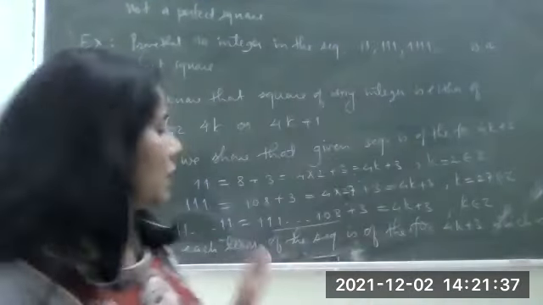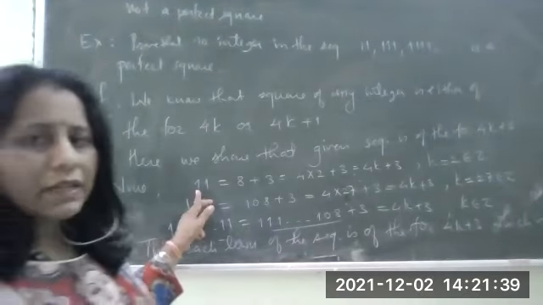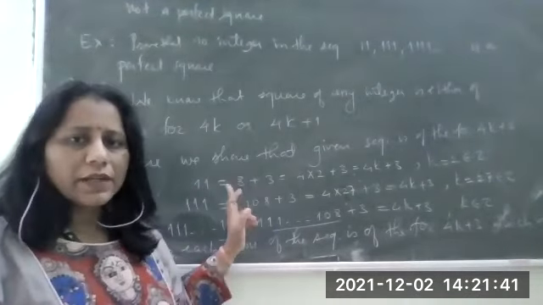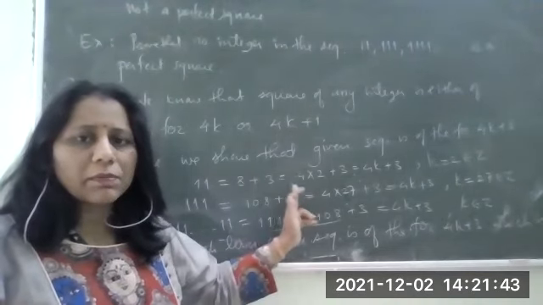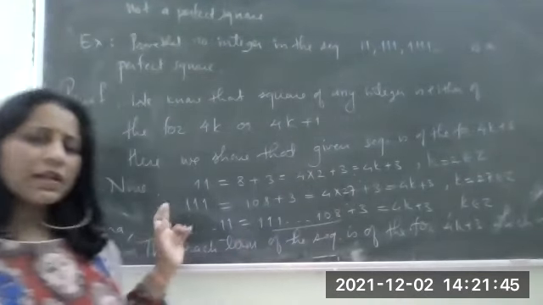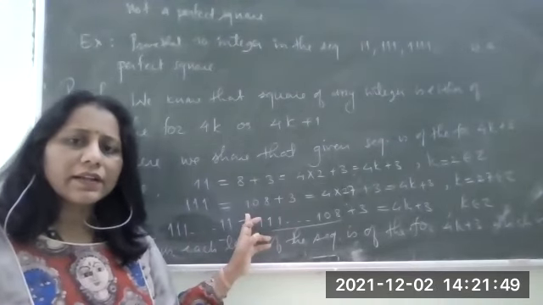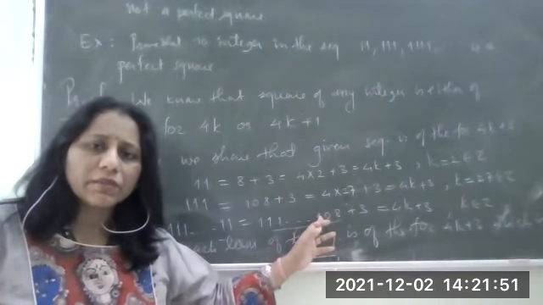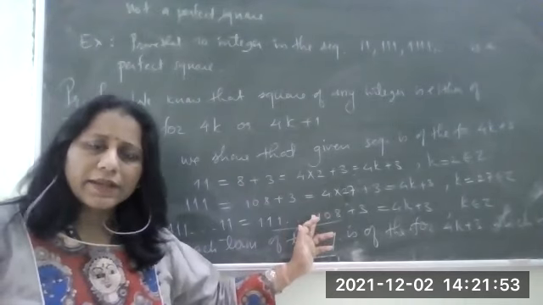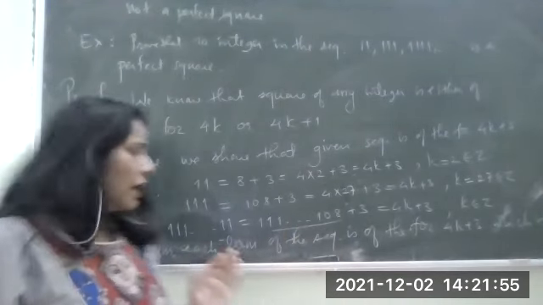Now here we have 11, we can write 11 as 8 + 3. 8 means 4 into 2, so 4k + 3 where k is 2. Similarly 111 can be written as 108 + 3, and 108 is nothing but 4 into 27, that is 4k, k is 27, plus 3, and so on.